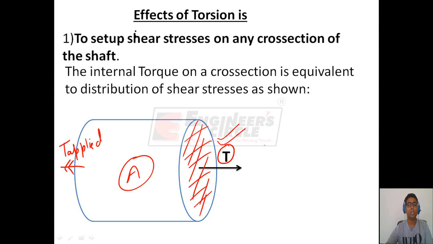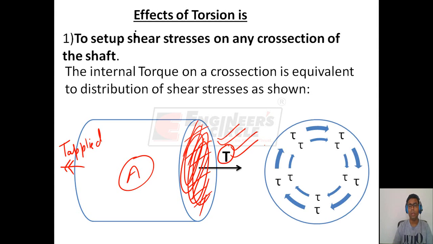The distribution of shear stresses should be such that they must give a torque T on this cross section. So distribution can be shown like this, where the shear stresses are acting such that at all the points this shear stress will be giving some moment, that is internal torque T at this point, which will be equal to the force into distance r.